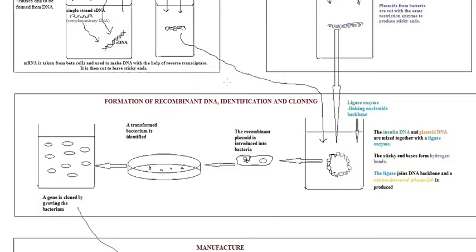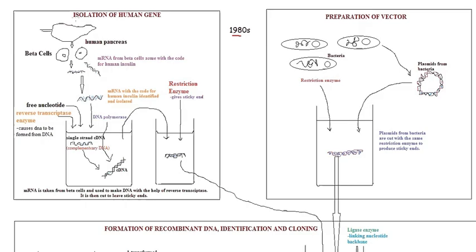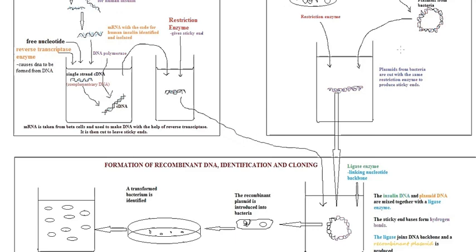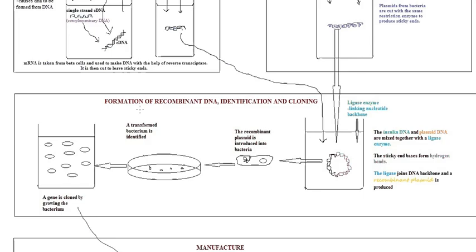We'll have 4 steps. The first one is isolation of human gene, how to get the human gene, and then we have to prepare a vector. After preparing a vector we form a clone, and we have to identify.